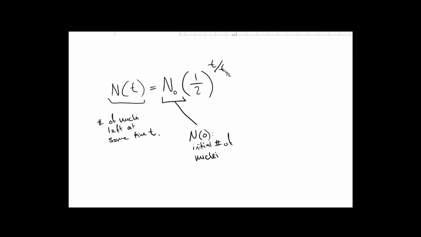Half is, of course, the fact that it's half-life. t here is going to be the time elapsed since we had N0, and t subscript half is the half-life of an element, well, really an isotope.